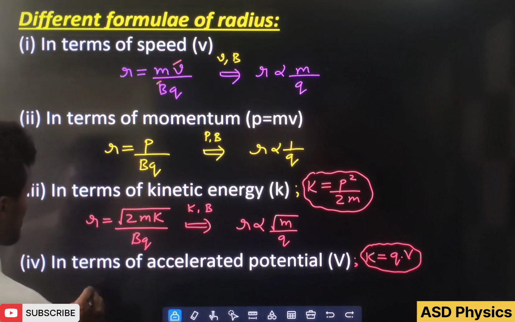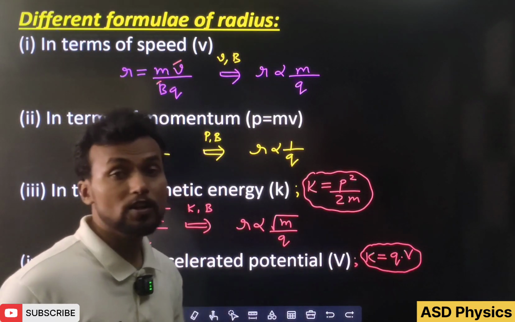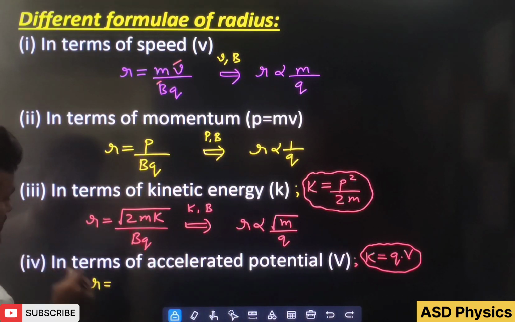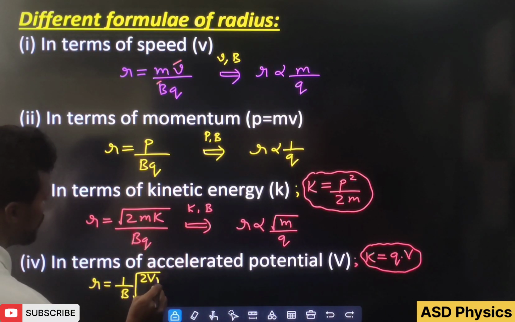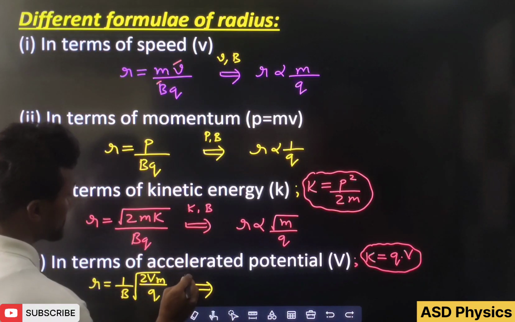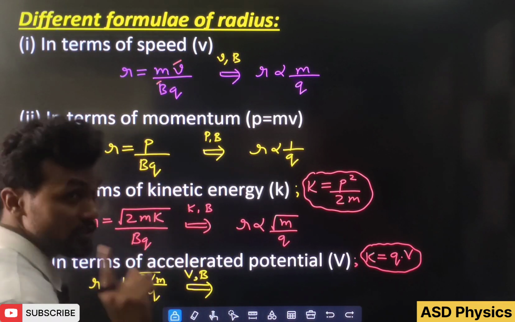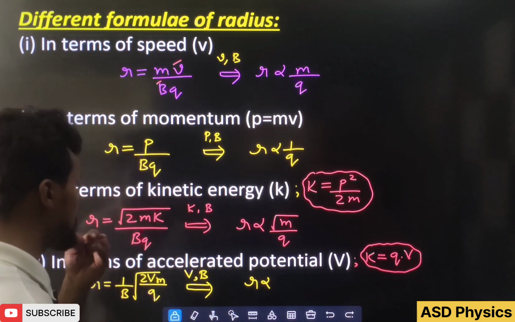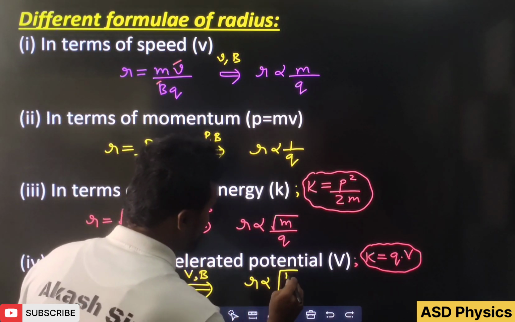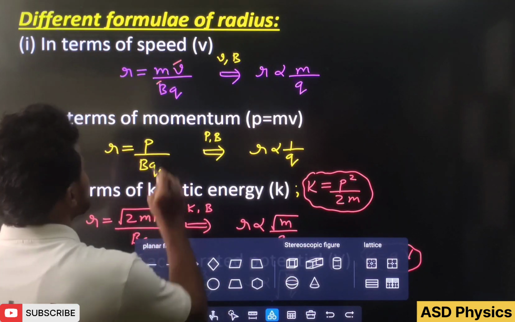So when you put the formula K equals QV, it will come 1 by B root 2Vm by Q. Let's take potential is constant, and magnetic field is uniform, B constant. Then R is directly proportional to root m by Q. So all these basics we should remember.